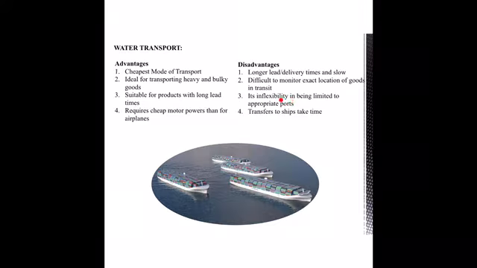Its inflexibility is that it is limited between appropriate ports. We cannot have it in all ports; there are restrictions, so it can run only between a few suitable ports. Transferring goods to ships also takes a lot of time and requires more labor.